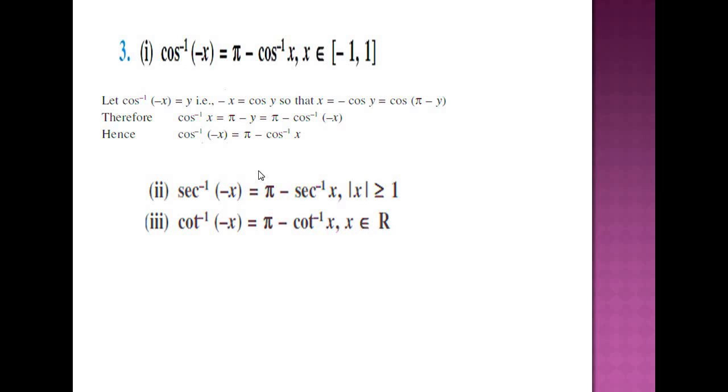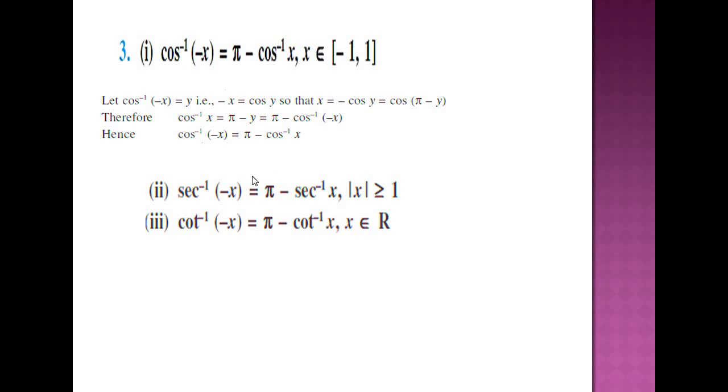So you have to remember that for sine inverse and tan inverse, you can write the negative outside, right? But for these three, that is cos inverse, sec inverse and cot inverse, you have to start with pi first: pi minus cos inverse of x, pi minus sec inverse of x, pi minus cot inverse of x, right?